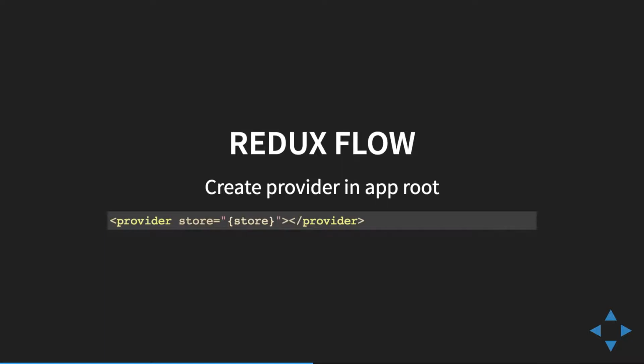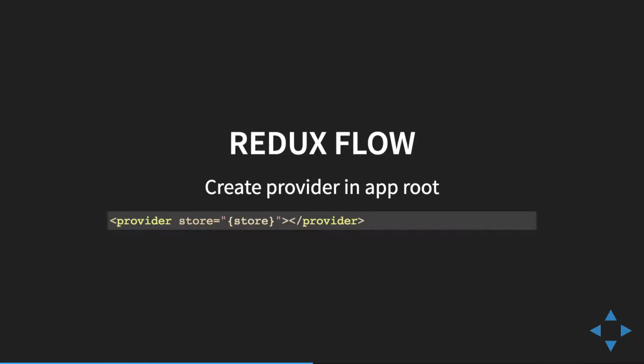With the Redux flow, the first thing we need to do is provide a way for the whole React app to have access to the store. We do so in a component called provider, and then we bind the store to it.